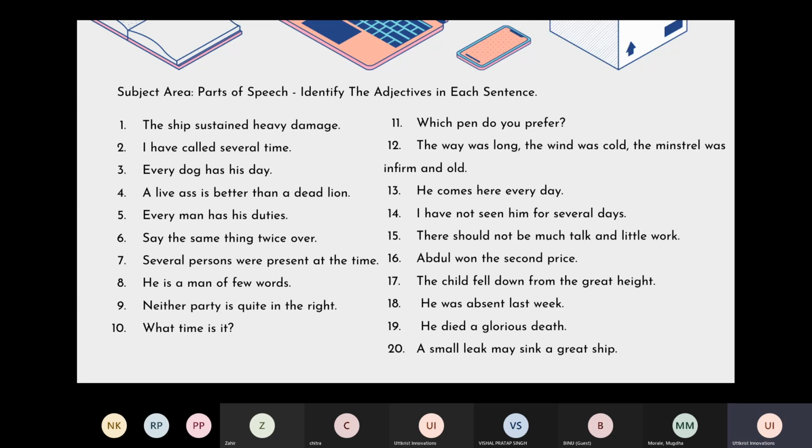Okay, we will show the answers in 30 seconds. So the answers are highlighted, they are underlined.